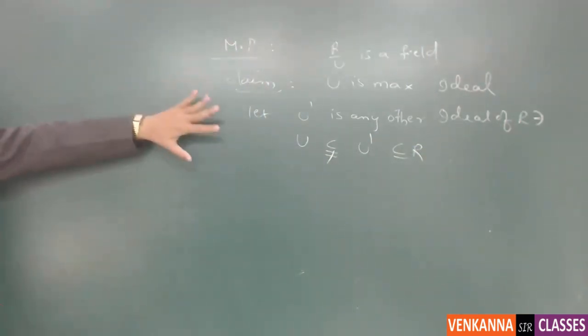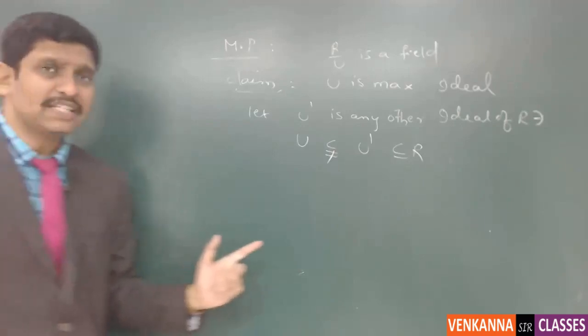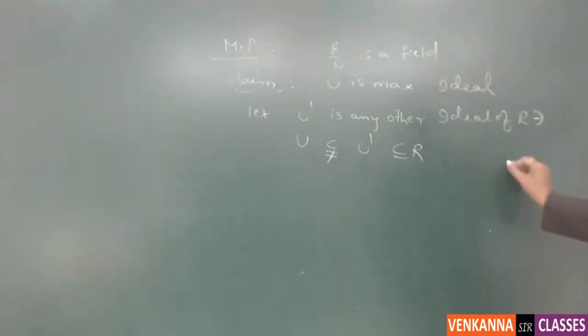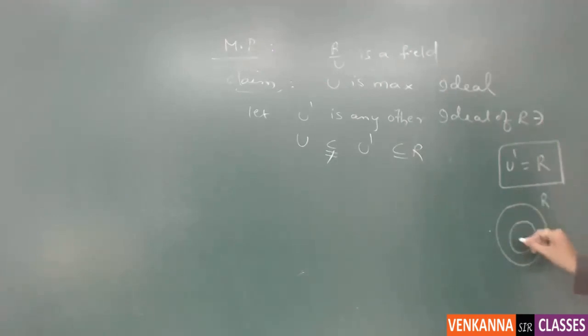It is our starting step, the supposition, as per the claim considered. So our intention is, if you are able to prove that u dash is equal to R, it means that you have specified there is no ideal between the ring and u. So this is the thing you have taken actually.